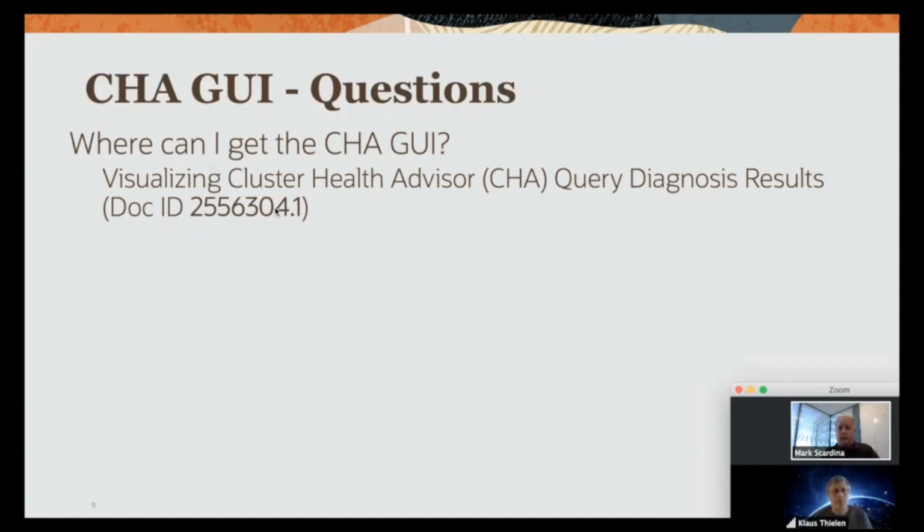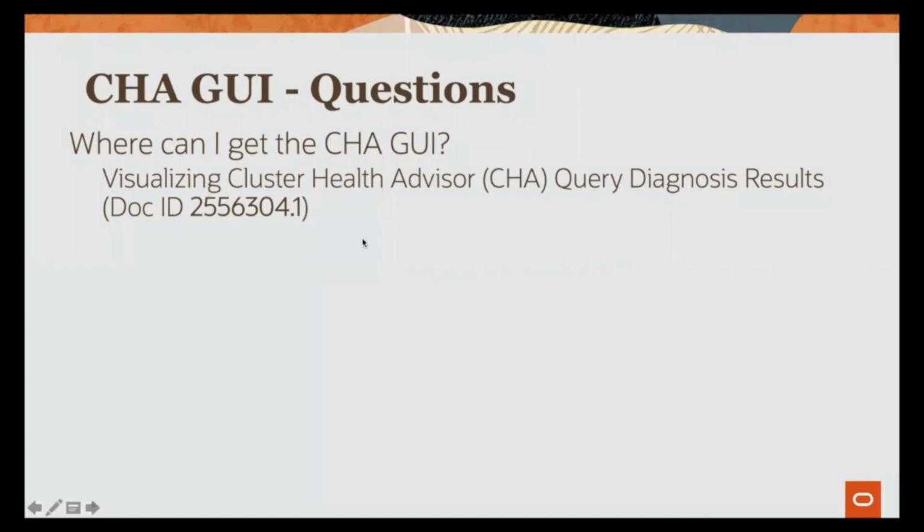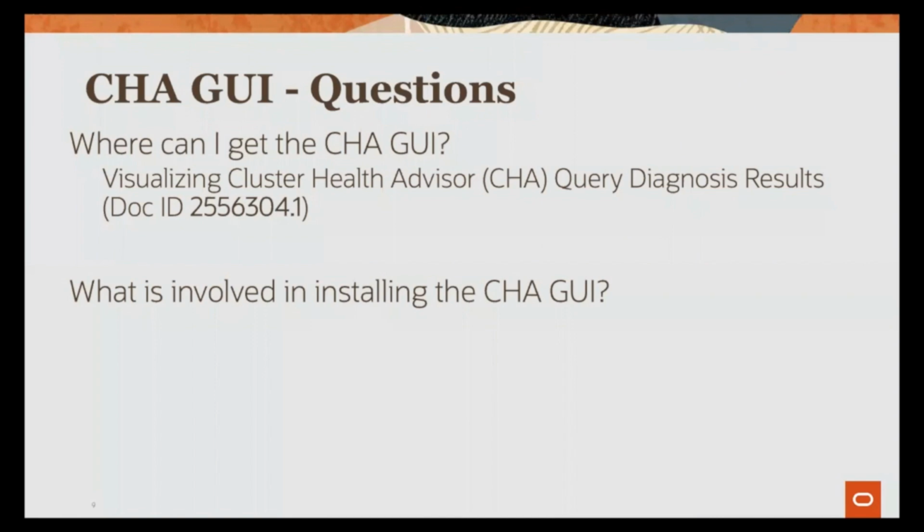As long as they have access to the MOS system, they can make use of this tool. Mark, there was a plan to have it on OTN as well. Is this still ongoing? OTN is currently being updated to a new look and feel, so we can't put anything new up there yet. Right now it is only available via MOS, which is sufficient for most of the customers.